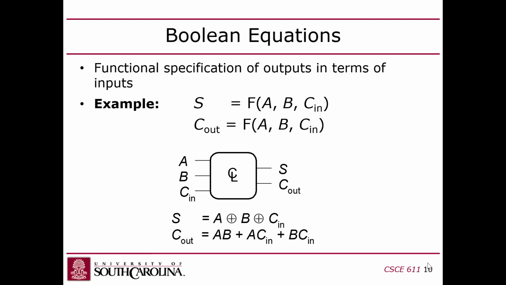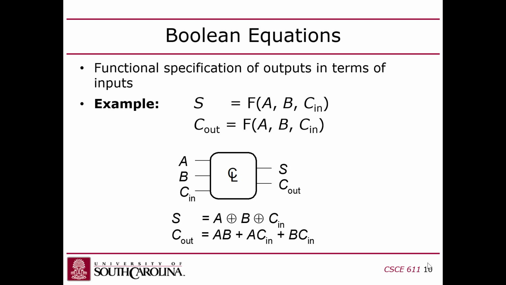So what about the functional specification? I mentioned this earlier. You could think of the functional spec as being a Boolean logic expression. You can see that the Boolean logic here has an equal sign, an assignment.